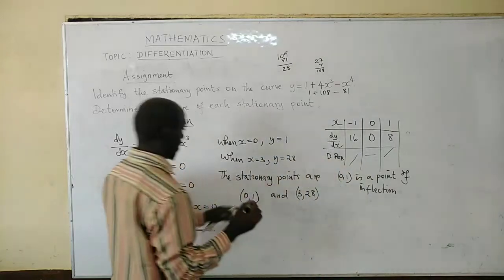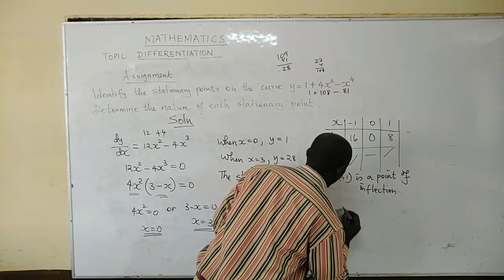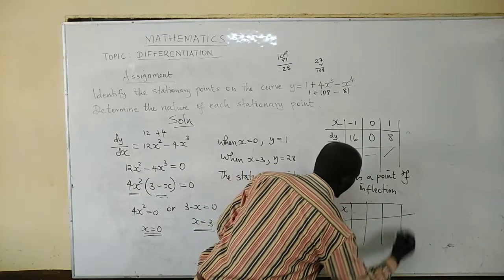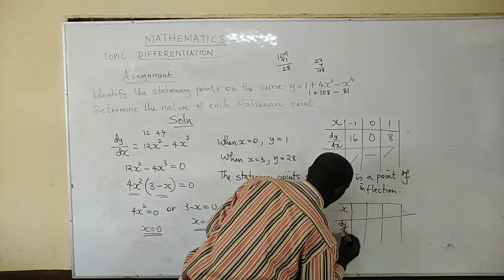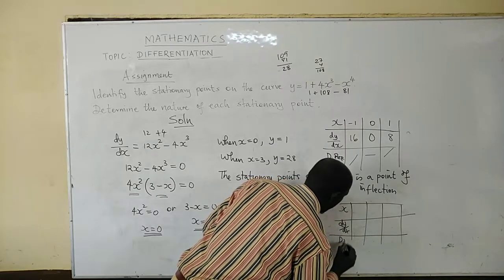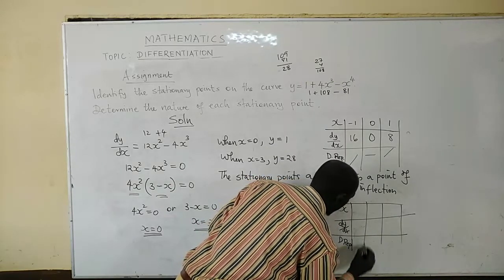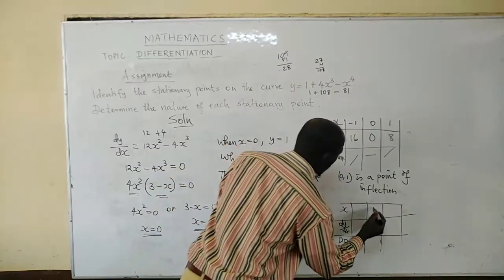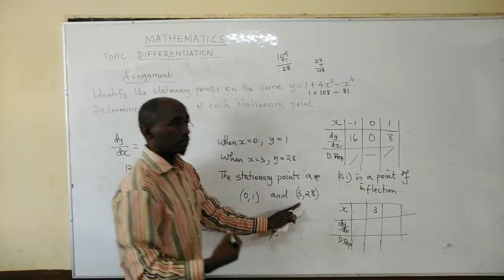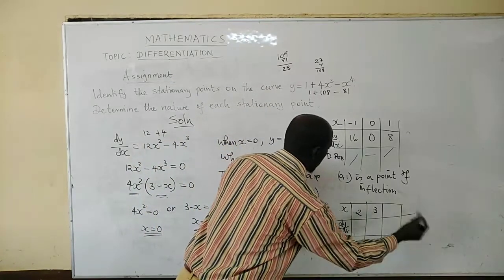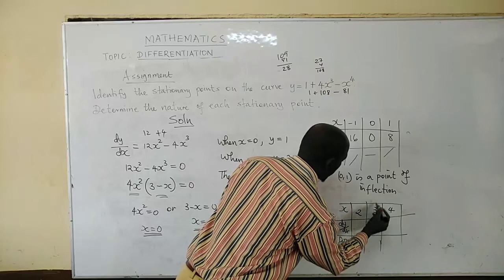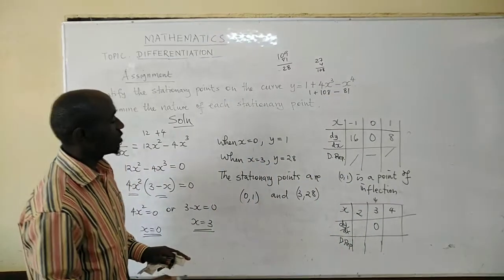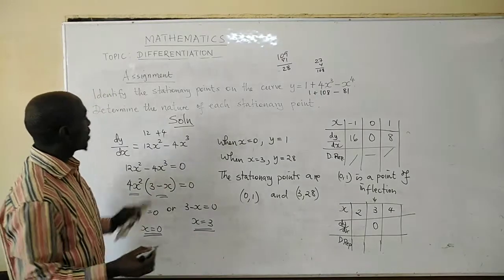What about the other one? 3, 28. dy dx, diagrammatic representation. In the middle you put x is equal to 3. Then to the left we have 2, to the right we have 4. At the stationary point, dy dx is always 0. What is the value of dy dx when x is 2?